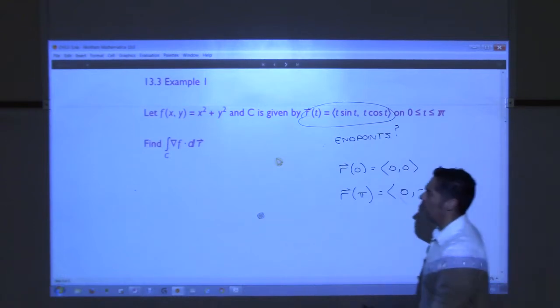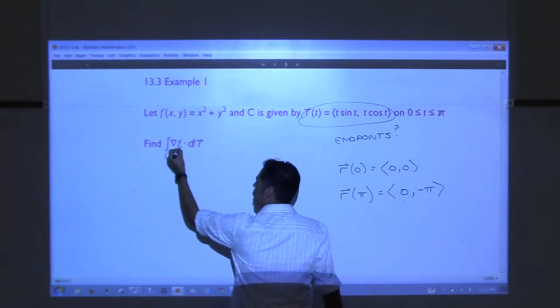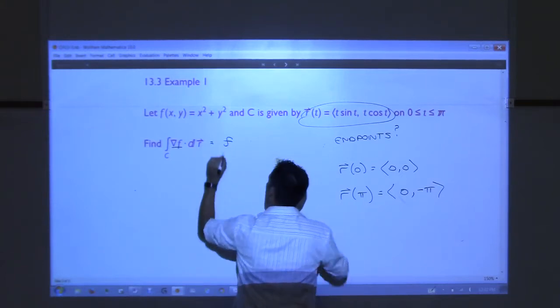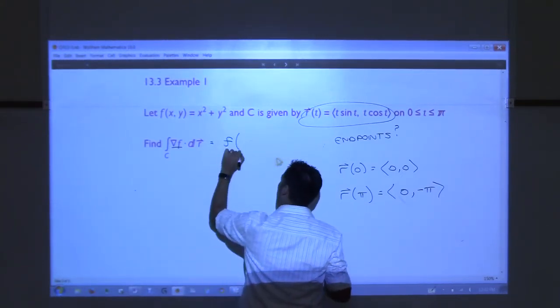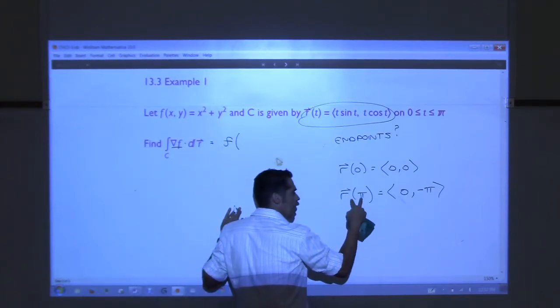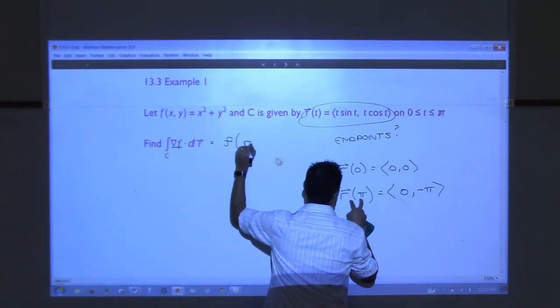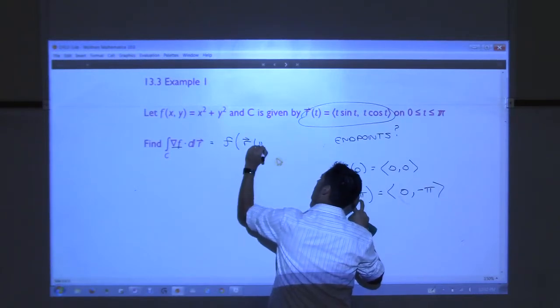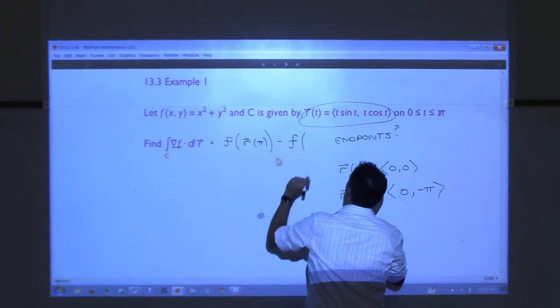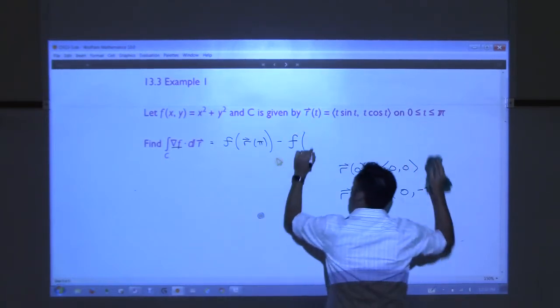According to this theorem, since we're doing the gradient of f, this should just be f evaluated at the endpoints. That means f evaluated at r of pi, minus f evaluated at r of 0.